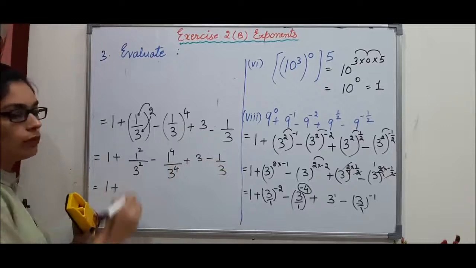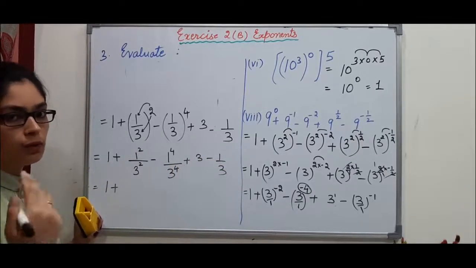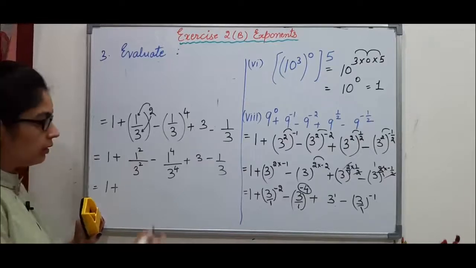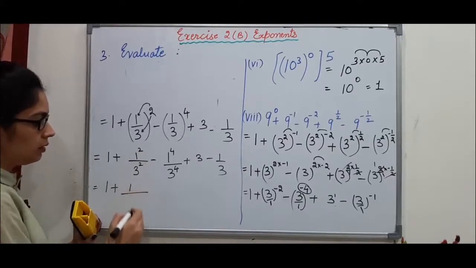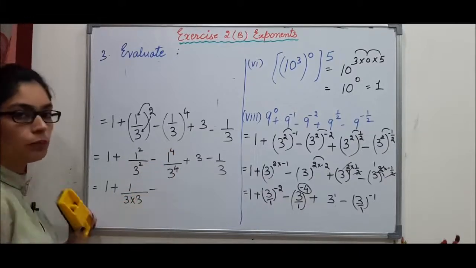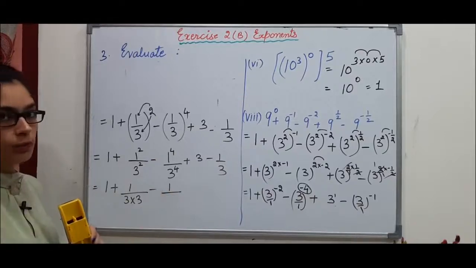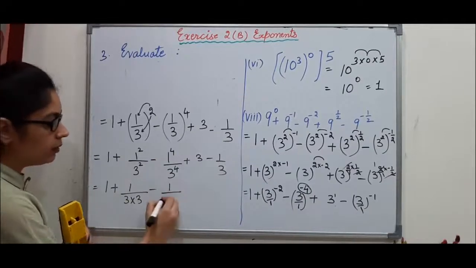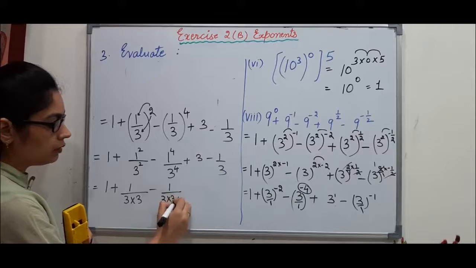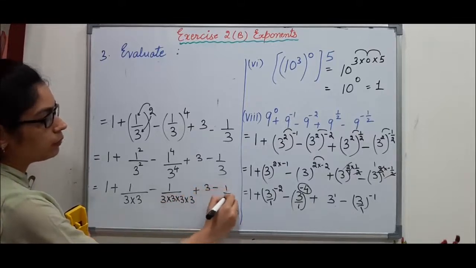1 plus 1 to the power 2 means 1 into 1, like I have already told you, 1 raised to any power will always be equal to 1. 3 to the power 2 means 3 into 3, minus 1 to the power 4, 1 into 1 always 1. 3 to the power 4, 3 into 3 into 3 into 3, plus 3 minus 1 by 3.